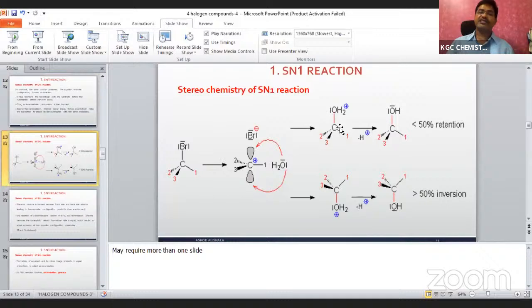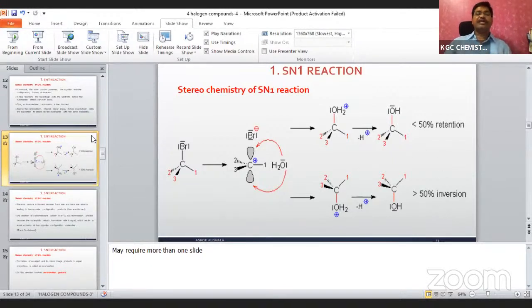Suppose the H2O adds on the same side of the bromine, then you will get the retention of the configuration. If the H2O adds on the opposite side to the bromine, then you will get the inversion of the configuration. That means here 50% retention of the configuration and 50% inversion of the configuration. This is called a racemic mixture.